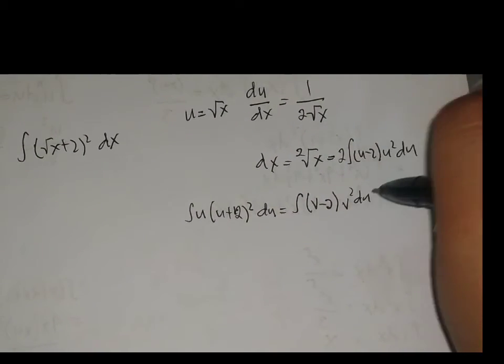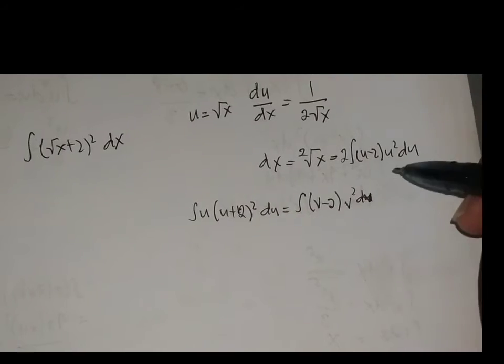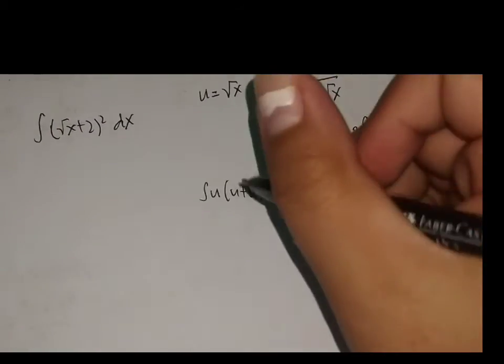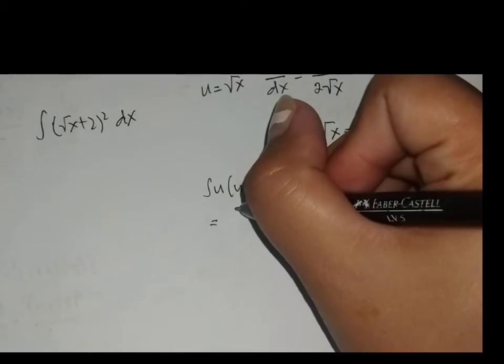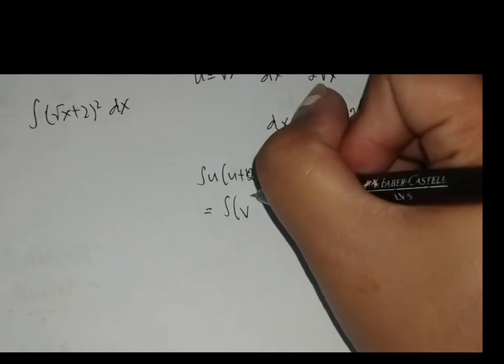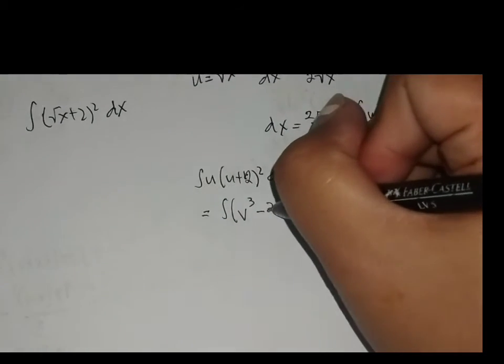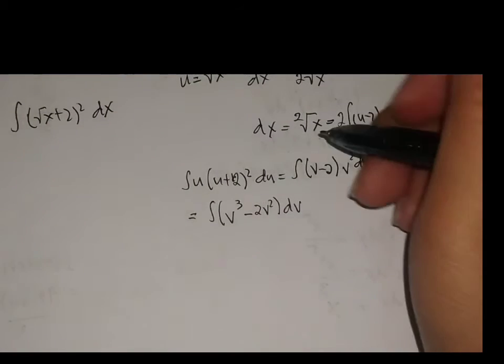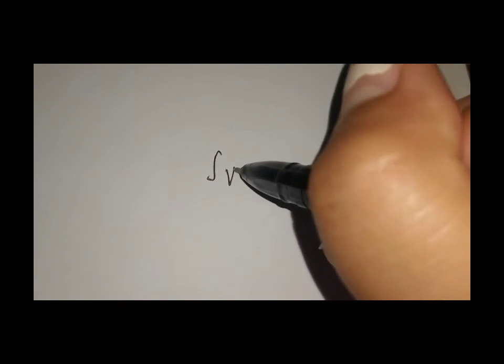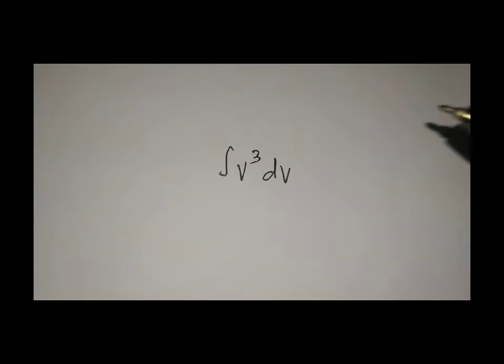So let's expand it so it becomes the integral of v cubed minus 2v squared dv. Then apply linearity so it becomes the integral of v cubed dv minus 2 times the integral of v squared dv. Next, we will solve for the integral of v cubed dv.